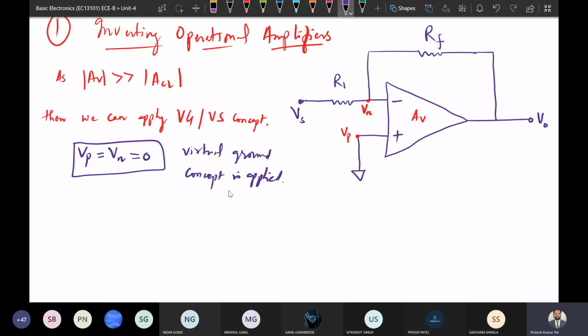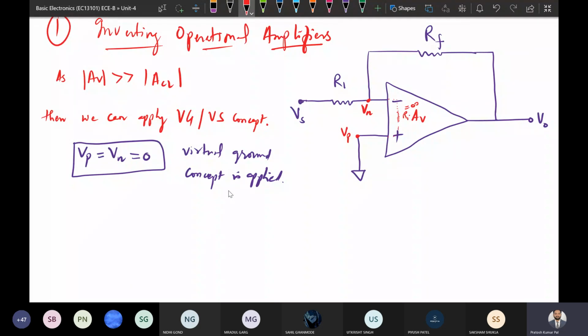And also, if we are considering AV is very much greater than the closed loop gain, in that case if we also consider that the input resistance between these two terminals of the operational amplifier is infinity, that means the resistance is very high, like infinity, then it is behaving like an open circuit.